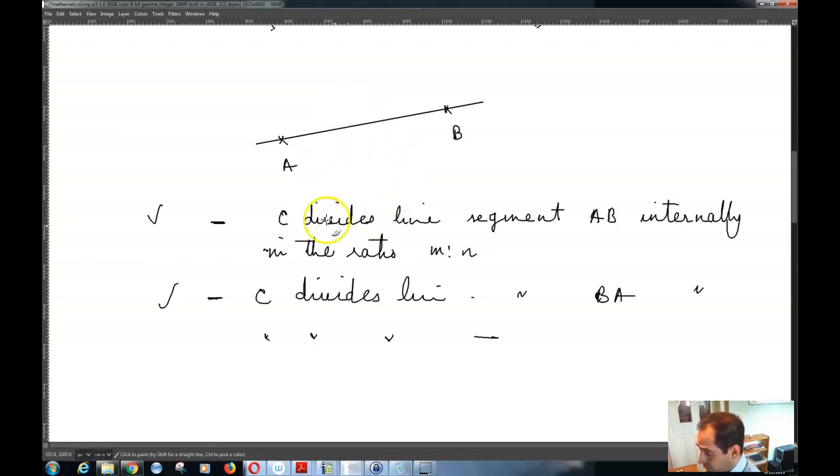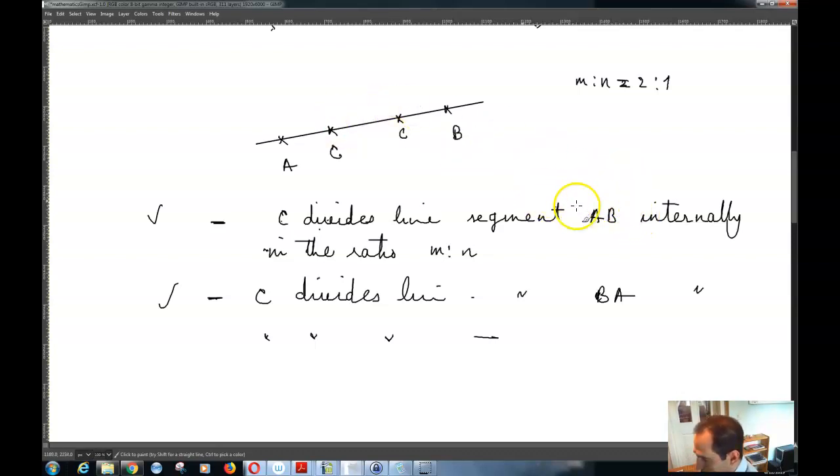I'm not sure, we will have to verify this, but suppose that m to n is 2 to 1. In one of these cases, your point C is over here. In the other case, your point C is over here. So the coordinates of the point C will completely change.